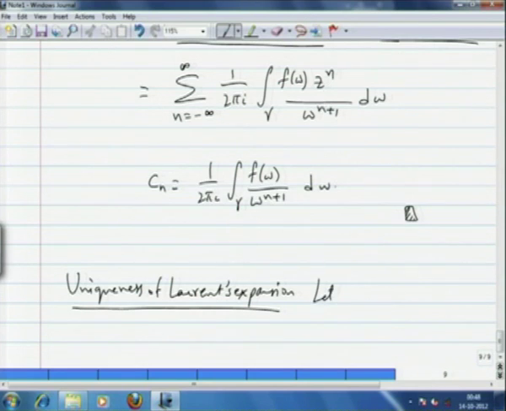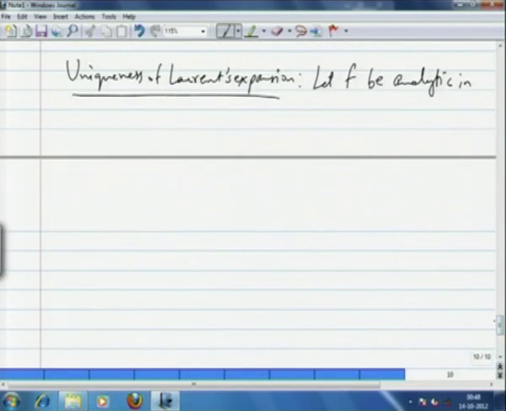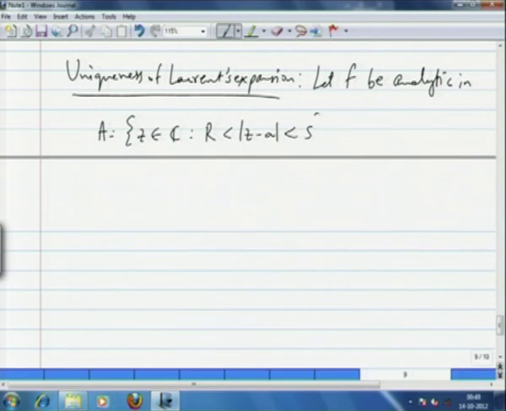Let f be analytic, okay, in A equals z belongs to C, the same setup, R strictly less than mod z minus a strictly less than S. You will allow R to be 0 and you will also allow S to be infinity.